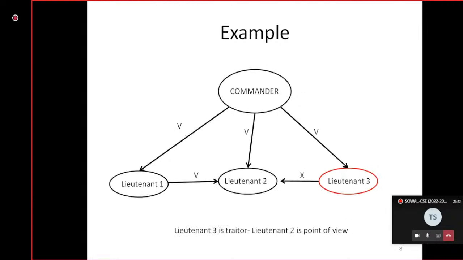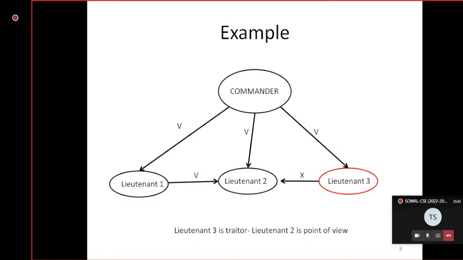Suppose this is the scenario. Here the commander is loyal and lieutenant 3 is the traitor. Okay. Now the commander issues commands to all the lieutenants: command B to lieutenant 1, command B to lieutenant 2, and command B to lieutenant 3.